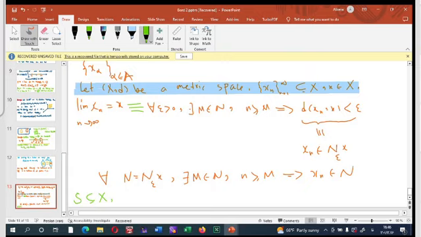X belongs to S bar if and only if there exists a net in S such that X is the limit of this net.